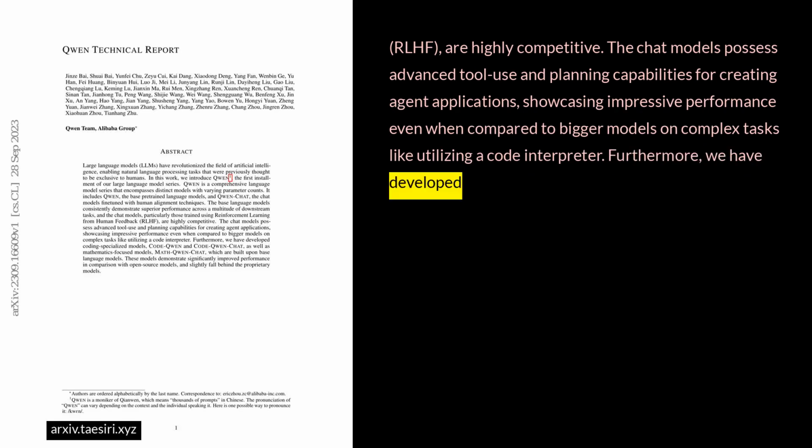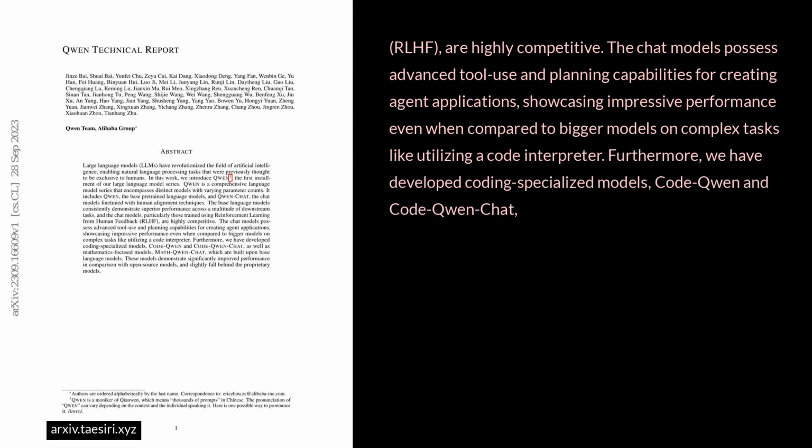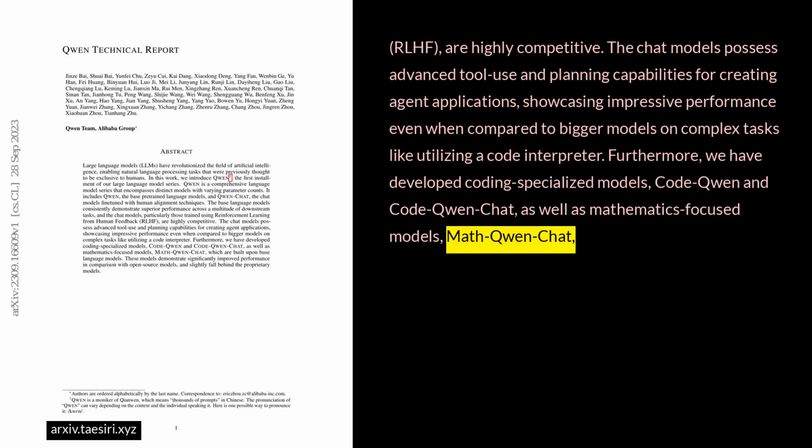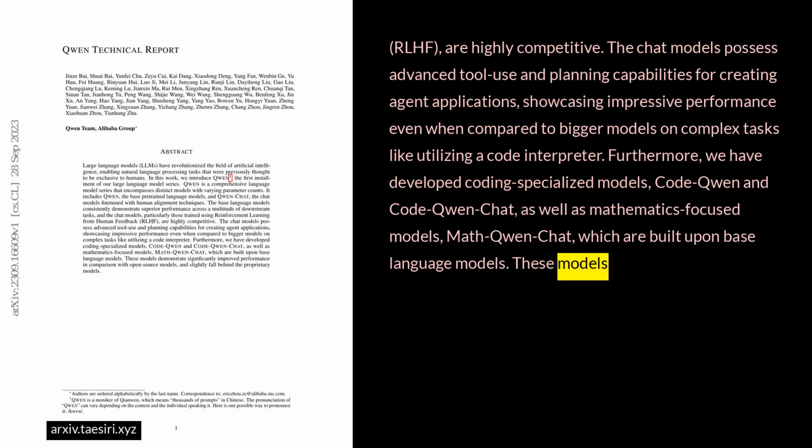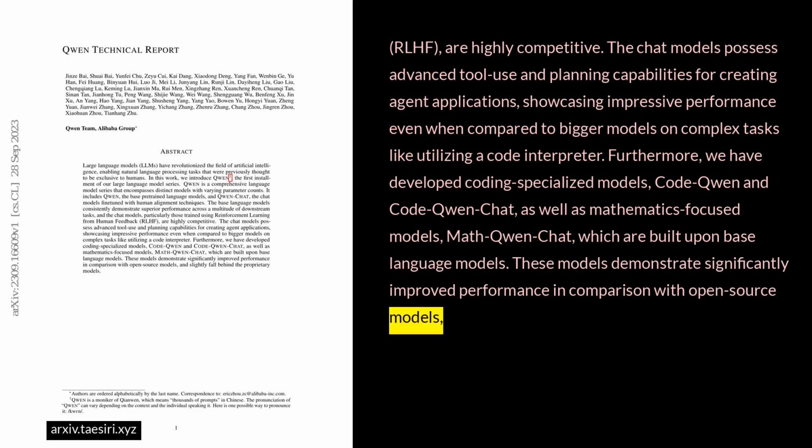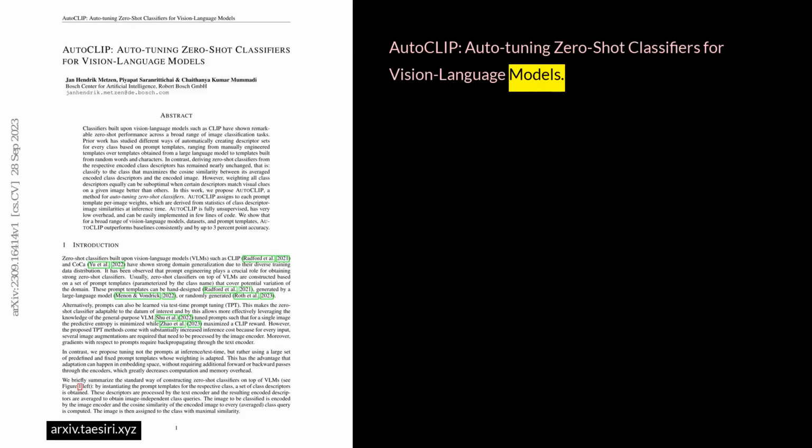Furthermore, we have developed coding-specialized models, CodeQwen and CodeQwen Chat, as well as mathematics-focused models, MathQwen Chat, which are built upon base language models. These models demonstrate significantly improved performance in comparison with open-source models and slightly fall behind the proprietary models.